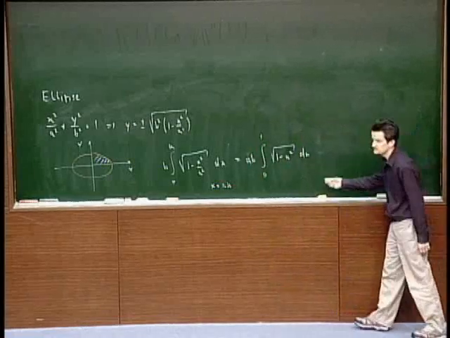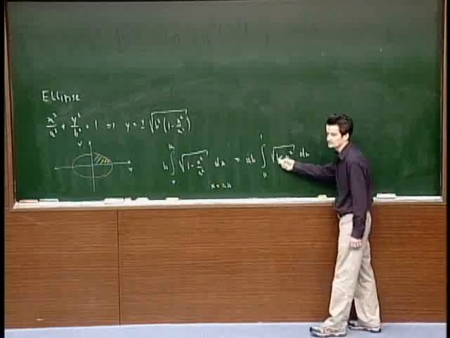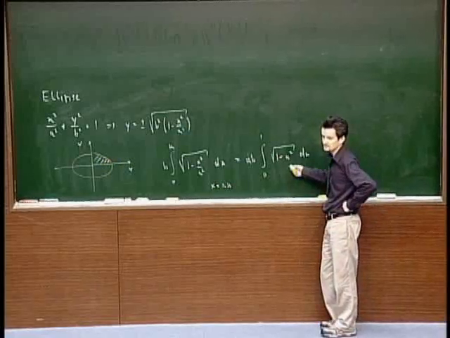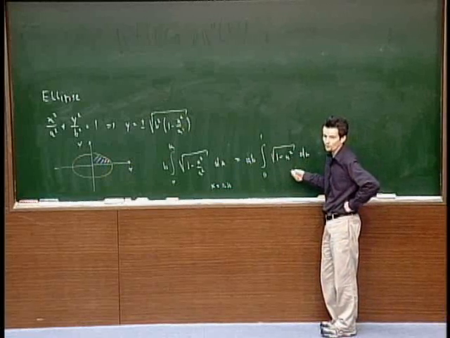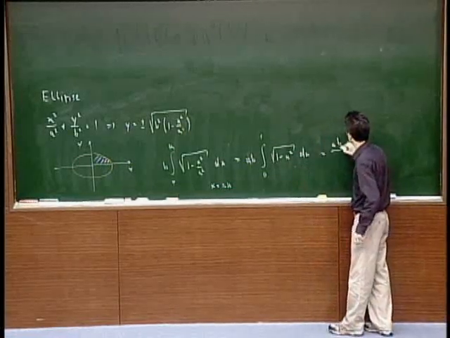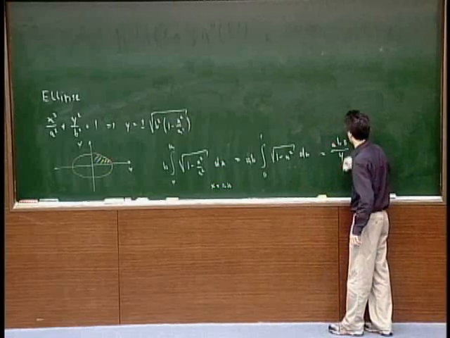Actually you do not really need the machinery, because what you integrate here is just a circle, and one quarter of the circle is pi over 4. So you have a times b times pi over 4.